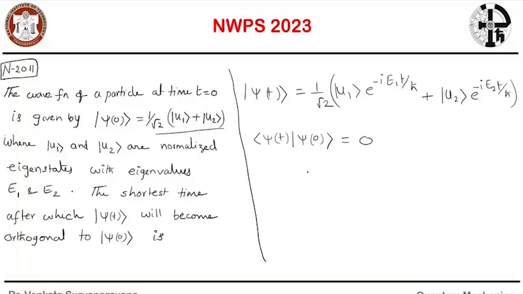You have to figure out that time. So you start with this condition and then write it. So psi of t, let's consider psi of t on this side, psi of 0 on this side, and you just write whatever we have.